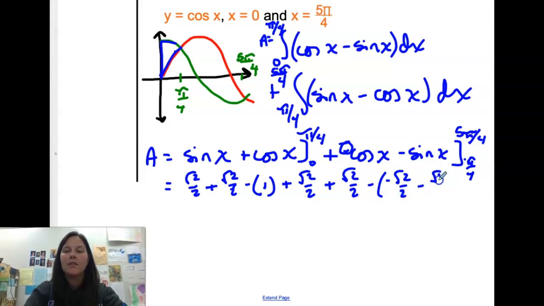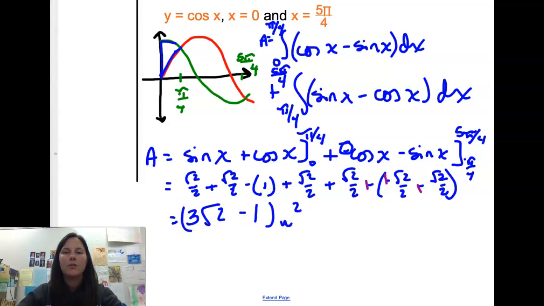And same thing for our sine. I'm going to distribute that minus sign. These all become positive. So we have 6 times root 2 over 2. The 6 over 2 divides to 3, so we have 3 root 2 minus 1, and again we were finding the area between the curves, so it's square units.